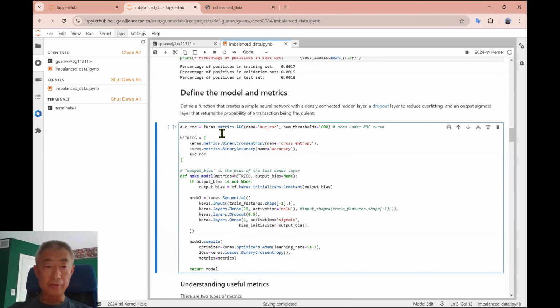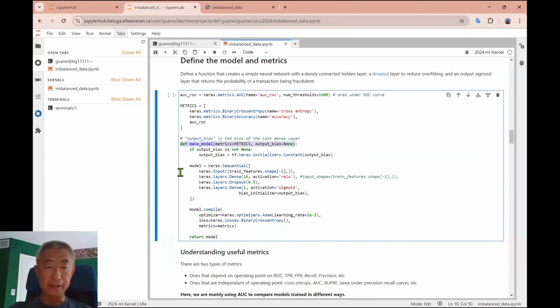All right. So here I'm going to use, like I said, the area under the curve, and I also use cross entropy and accuracy. Although I said accuracy doesn't mean too much in such a classification problem, I'm still going to use it. And then I'm going to define a model using this function, make model. You can see basically I define 2 dense layers.